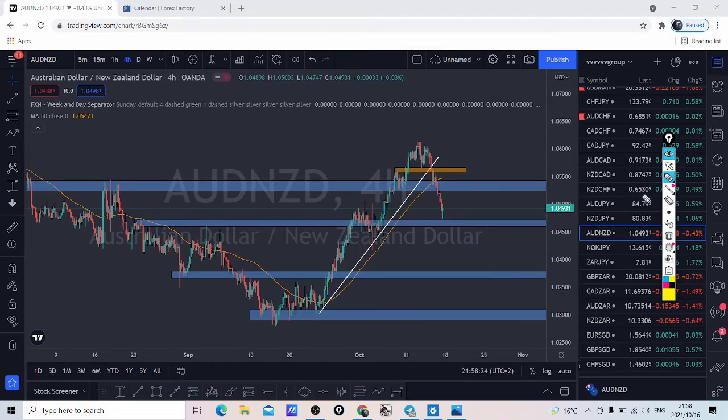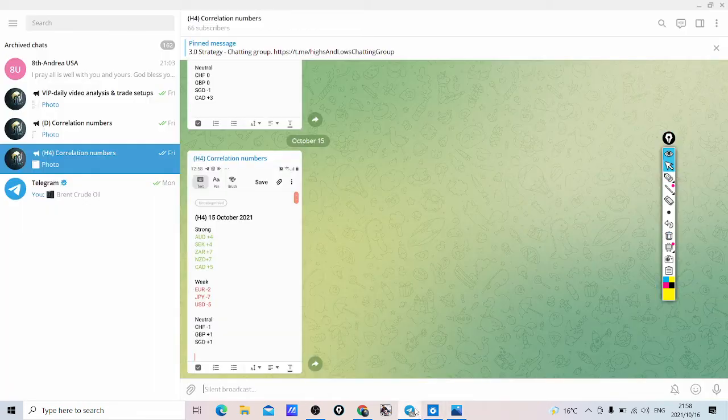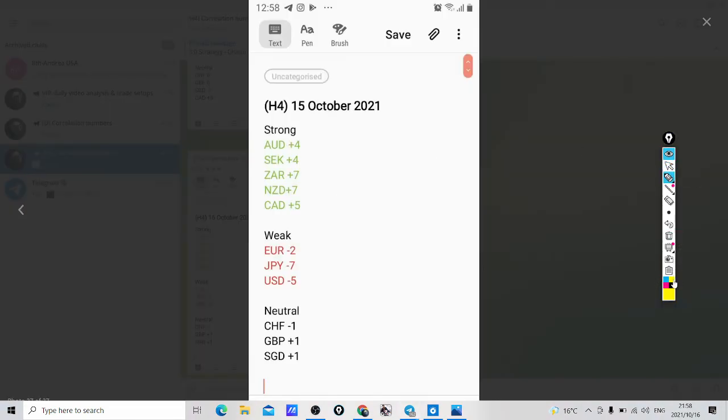But the problem is, currently we are having AUD. AUD is bullish, +7. It's buying, and then NZD is also buying. If you pair a strong currency with another strong currency, then we are going to see a range.